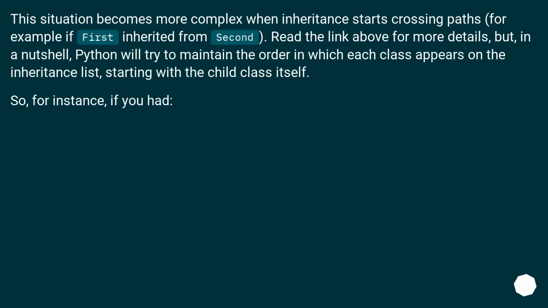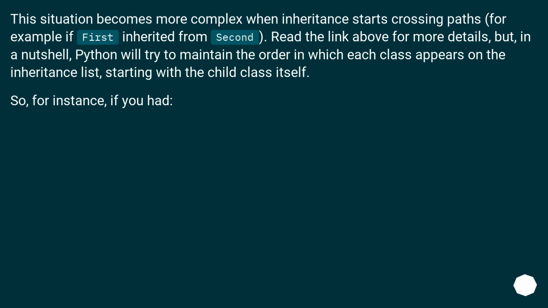This situation becomes more complex when inheritance starts crossing paths, for example, if First inherited from Second. Read the link above for more details, but, in a nutshell, Python will try to maintain the order in which each class appears on the inheritance list, starting with the child class itself.